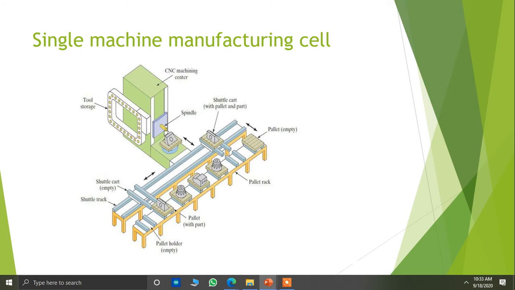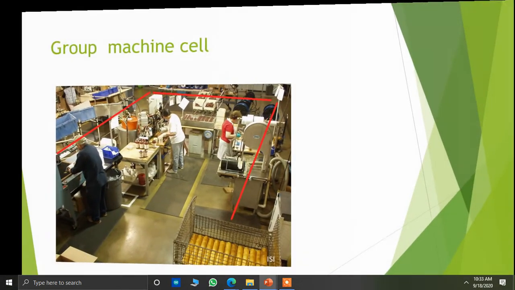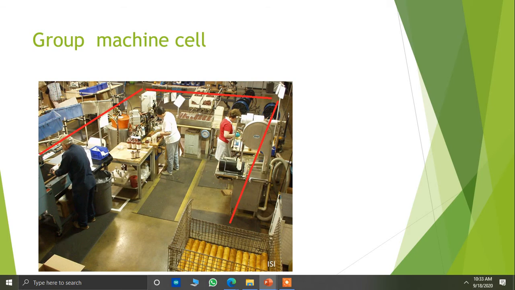And each part is scheduled. That means whatever program is there in the CNC machine will execute in a sequential way. That is, one program is finished, then the next program will execute on the next part. So what do you understand by this figure?